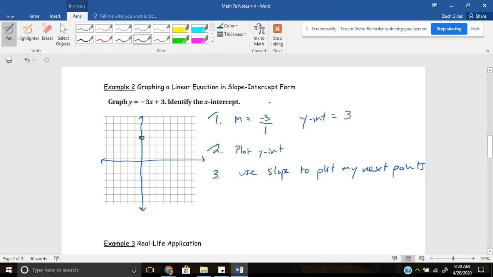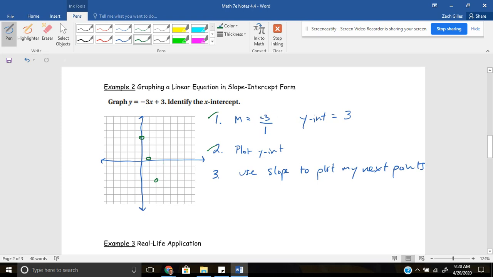So my slope is -3 over 1. That means I go down 3, right 1 from this point. So down 1, 2, 3, right 1. Here's my point. I can do that again. Down 3, right 1. It's still going to be on the same line.